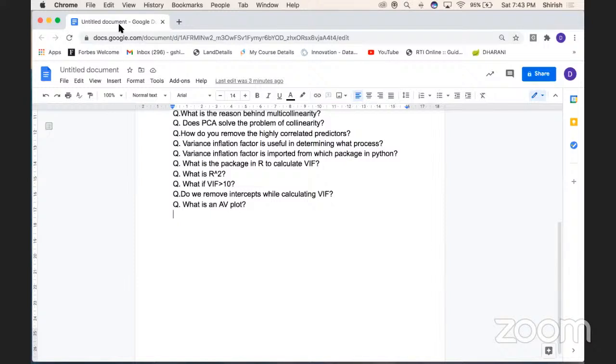Now, tell me, what is the difference between R square and adjusted R square?